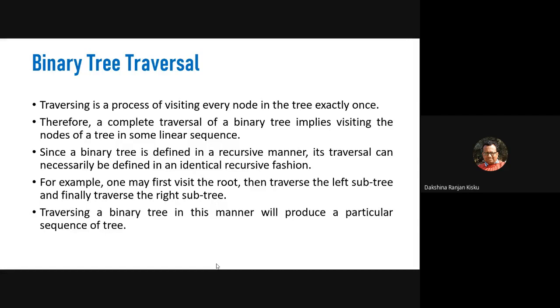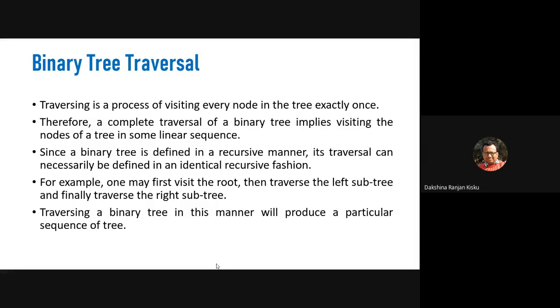Since a binary tree is defined in a recursive manner, its traversal operation can also be defined in an identical recursive fashion. For example, one may first visit the root, then traverse the left subtree, and finally traverse the right subtree.